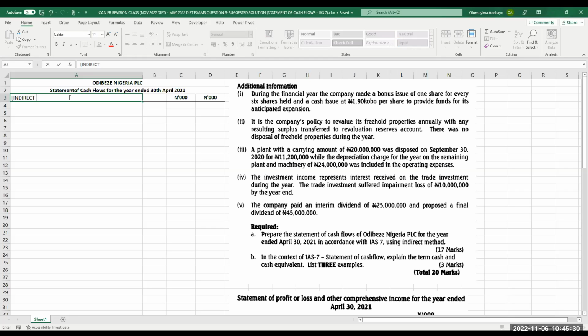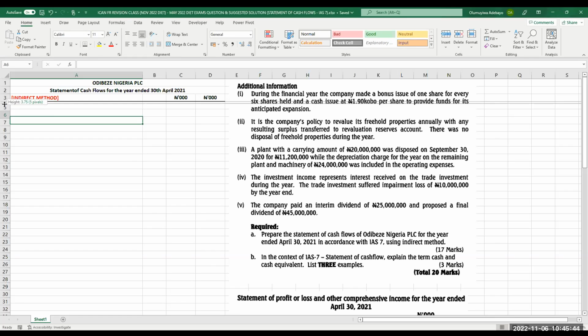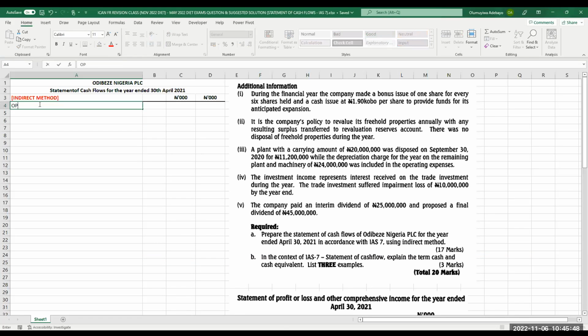An indirect method means we reconcile from profits. Now, the first activity we have is operating activity.